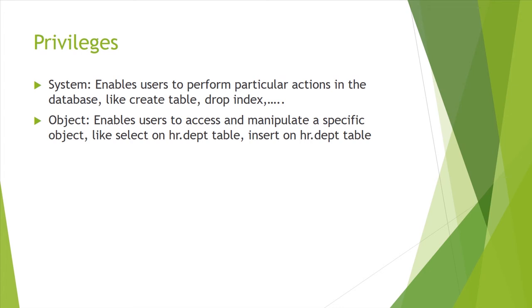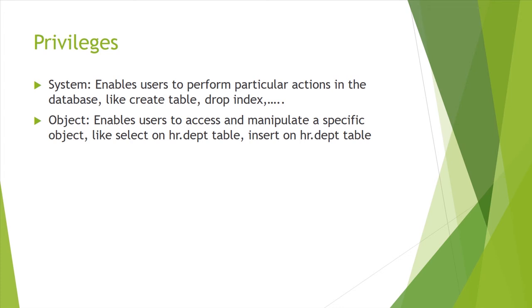System privileges enable an Oracle database user account to perform particular actions in the database. For example, create a table, create an index, drop a table, drop an index, create a trigger, create a procedure, create function. This is called system privilege, the right to perform a particular action in the database. Object privilege enables users to access and manipulate a specific object.